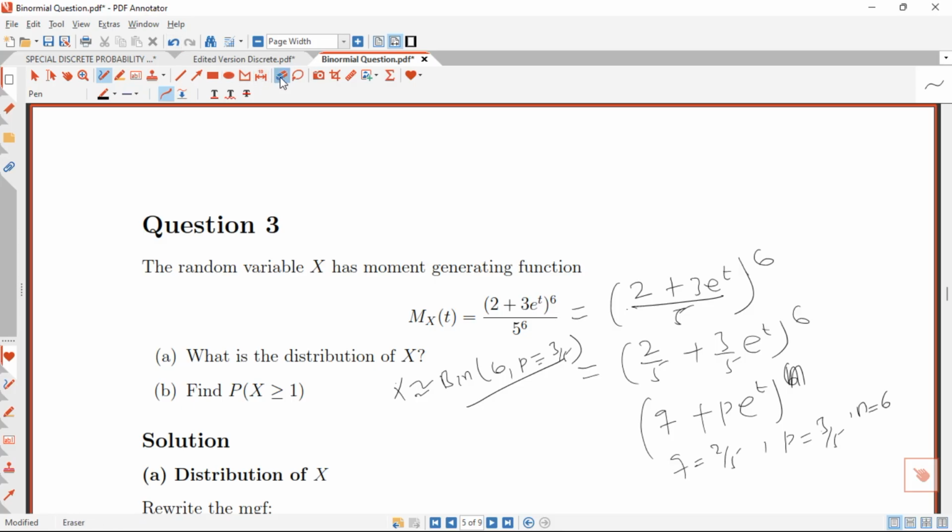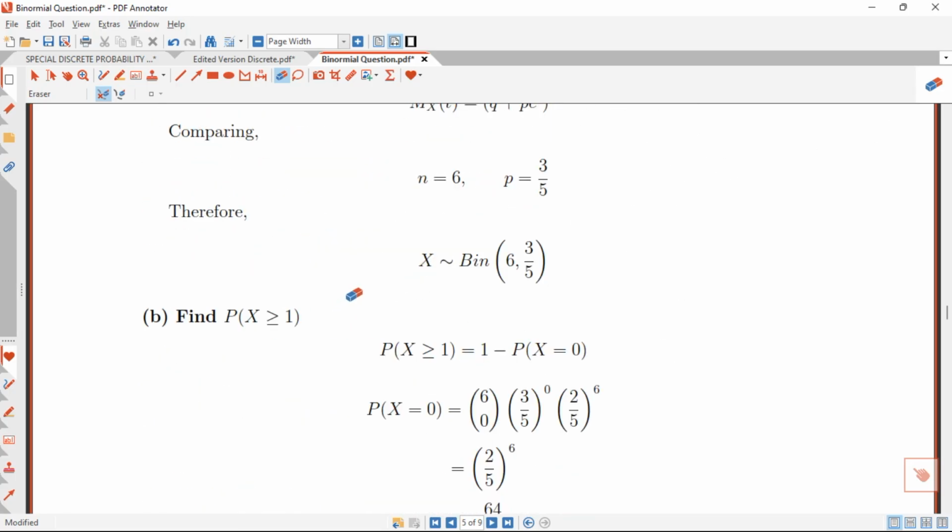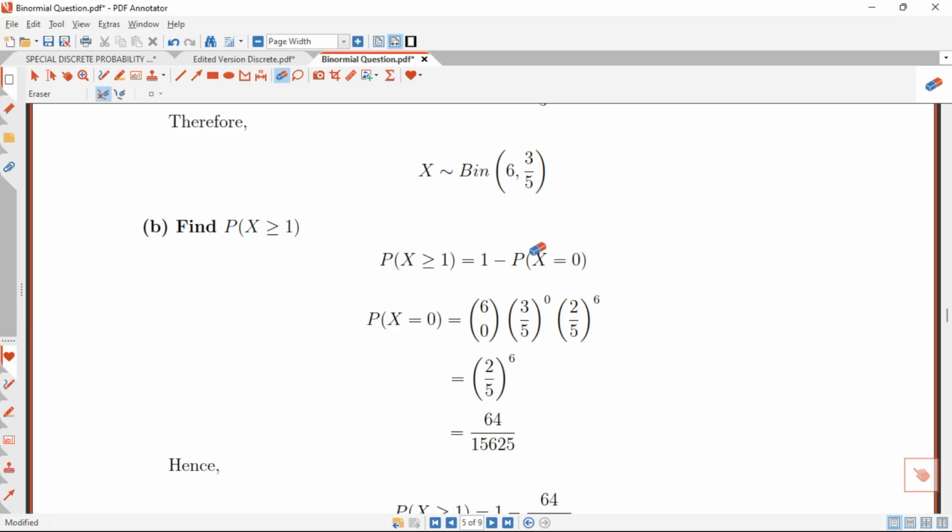And then the second one is telling us to calculate the probability that X is greater than or equal to 1. Calculating the probability that X is greater than or equal to 1 can be written as 1 minus the probability that X is equal to 0. So you have to calculate the probability that X is equal to 0, and then subtract it from 1 to get the solution.